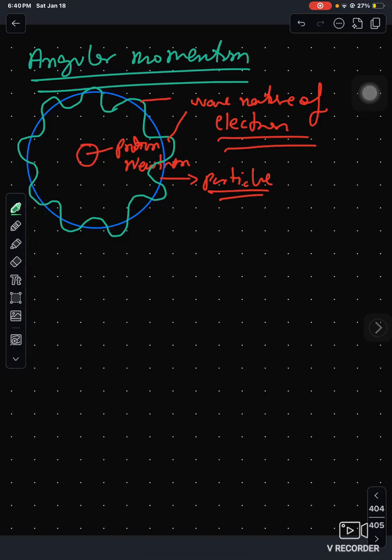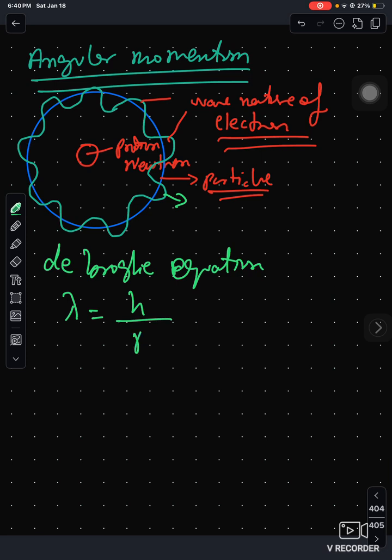So we know through the de Broglie equation that wavelength is equal to h over p, which is momentum. We know the momentum is associated with wave.